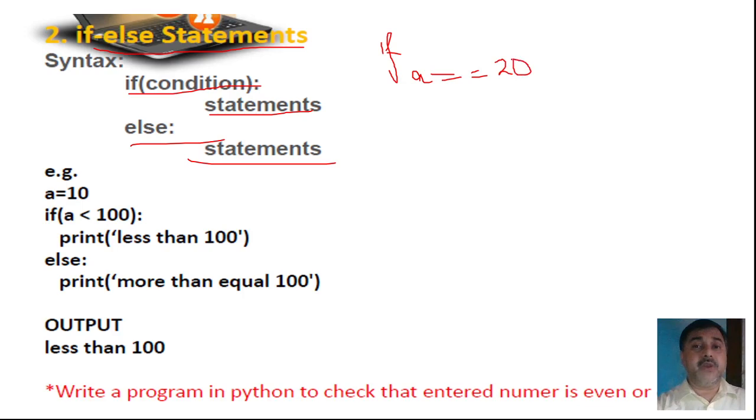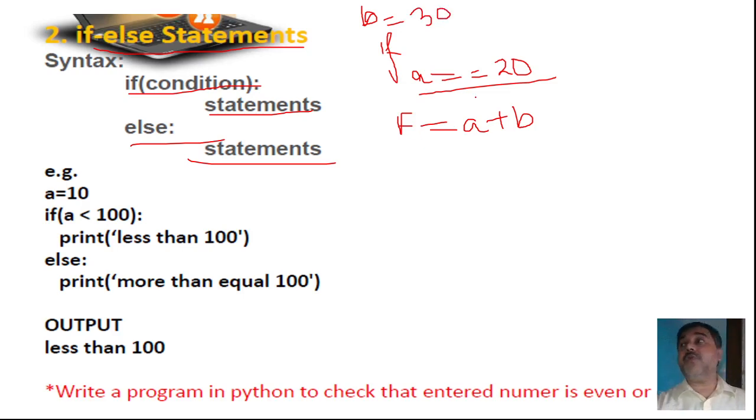That means we are defining some values here. If this particular section is true, then it will do some work. Suppose then f equals a plus b. Now you will ask me what is the value of b. Before we proceed, we will take the value of b, or we can initialize b equals 30.